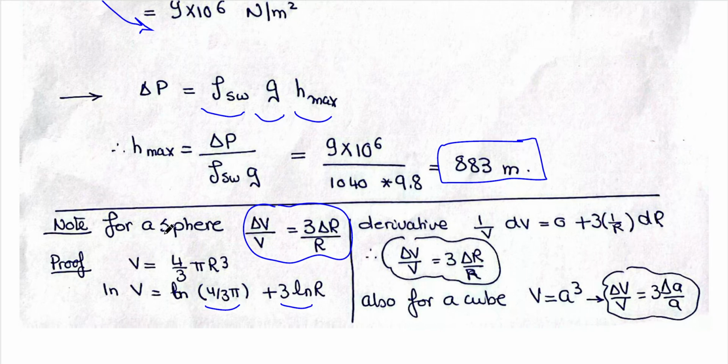This could be used for the sphere. The same proof could be done for a cube. You will start with the volume of a cube equals A cubed.